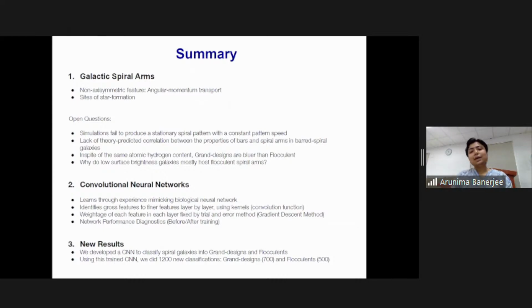And in the last part, I have shown that we trained a convolutional neural network to classify grand design and flocculent spiral galaxies, and we used that for new classifications of about 500 flocculents and 700 grand design galaxies. With that, I come to the end of the talk and would be happy to take questions. But I think I have already taken 10 extra minutes. So, I'm done. Any questions?